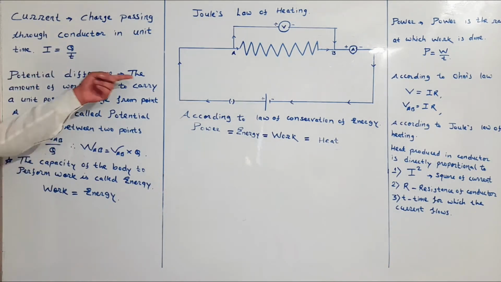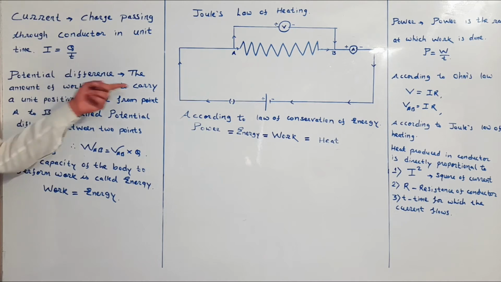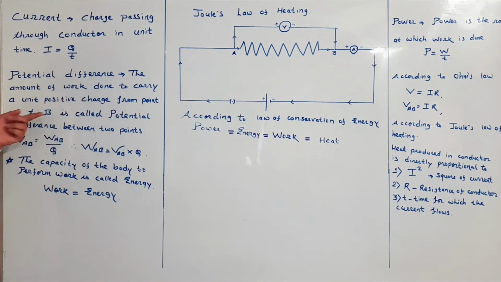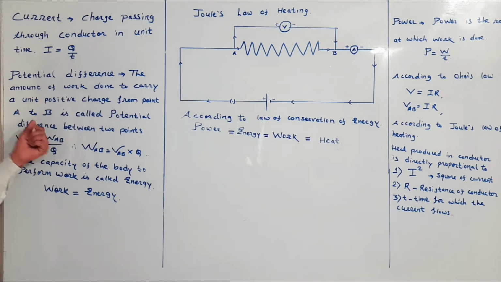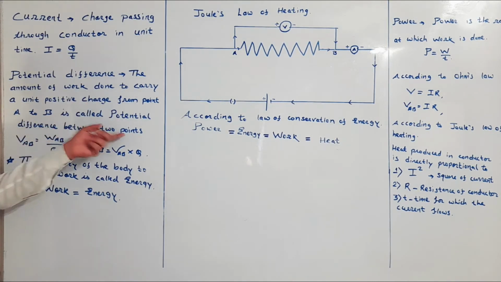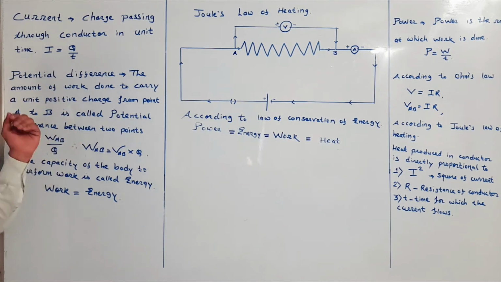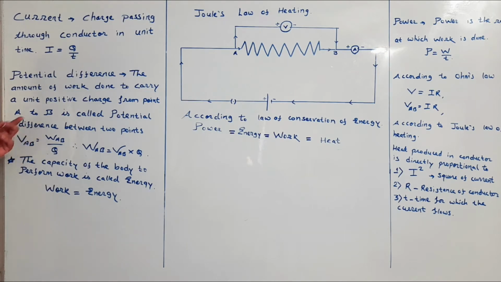Potential difference. The amount of work done to carry a unit positive charge from point A to point B is called the potential difference between the points, and potential difference is denoted by V, and the formula is V = W/Q.